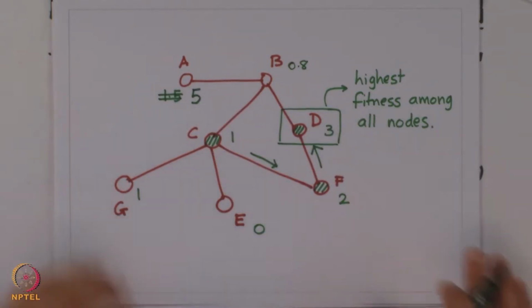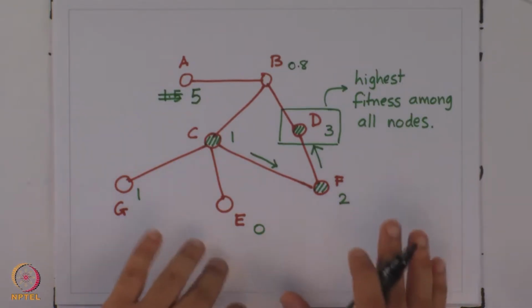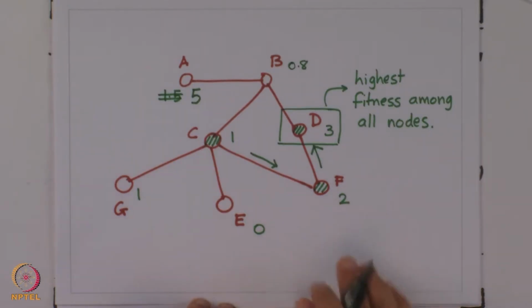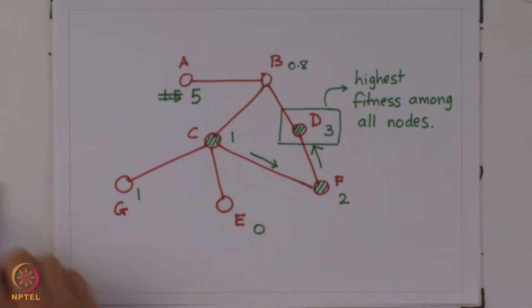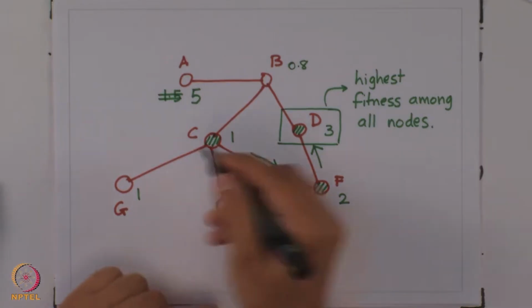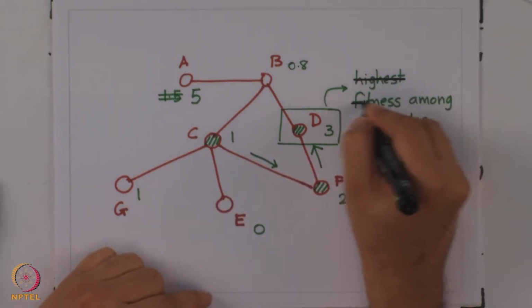Now, in this graph that we are talking about, there are a few things that play out. One thing that we can clearly note is that D is no longer the highest fitness among all nodes. This is no longer true.